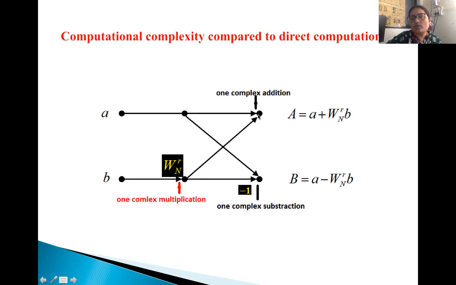This is one complex addition and this is another complex addition in terms of subtraction. A comes down, then B gets multiplied by the twiddle factor and then by -1. Then here you get A minus W raised to R, suffix N, into B. In this way, this is the working of the butterfly structure, right?